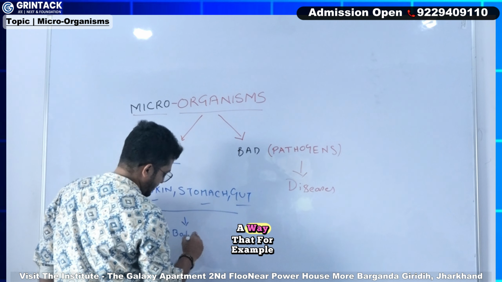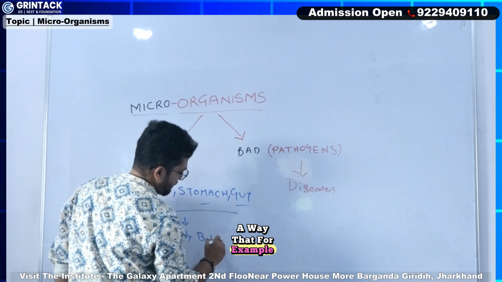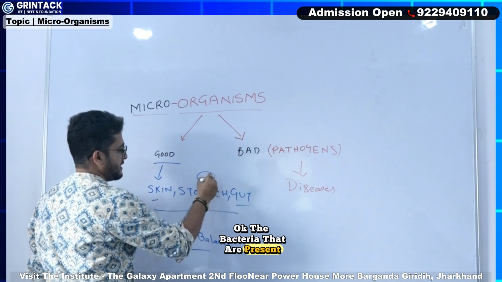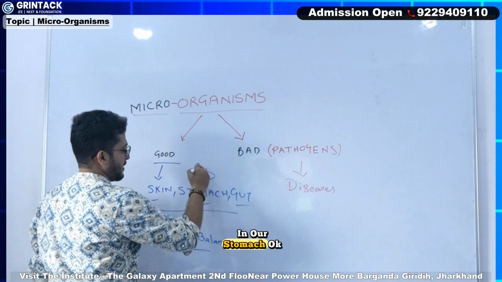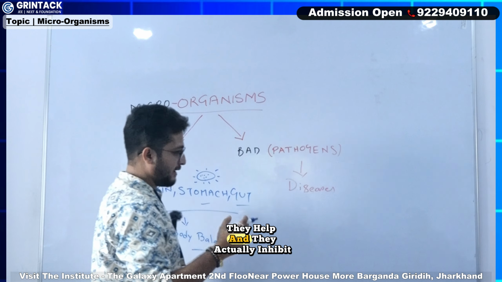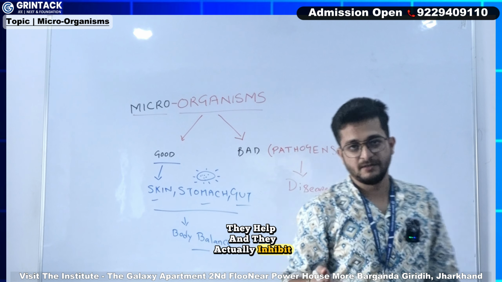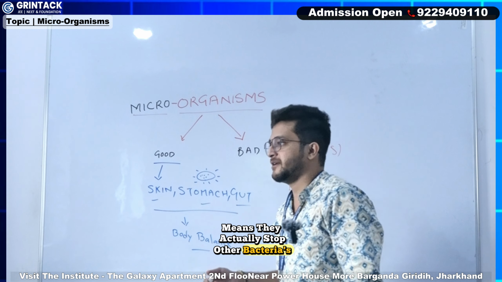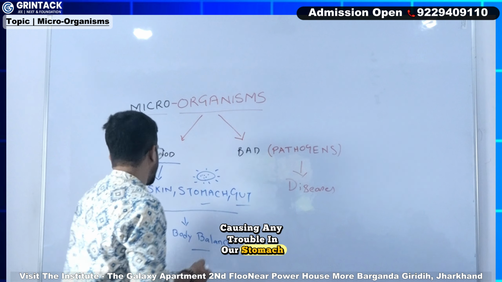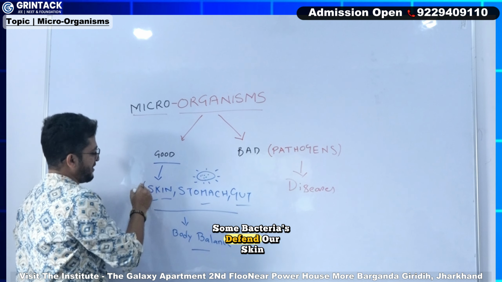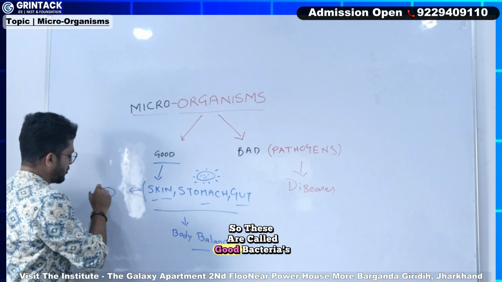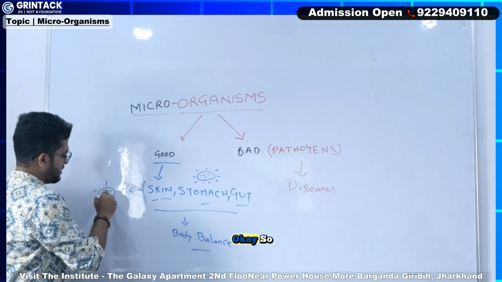For example, the bacteria present in our stomach inhibit, meaning they stop other bacteria from causing any trouble in our stomach. On the skin, some bacteria defend our skin from other bacteria as well. So these are called good bacteria.